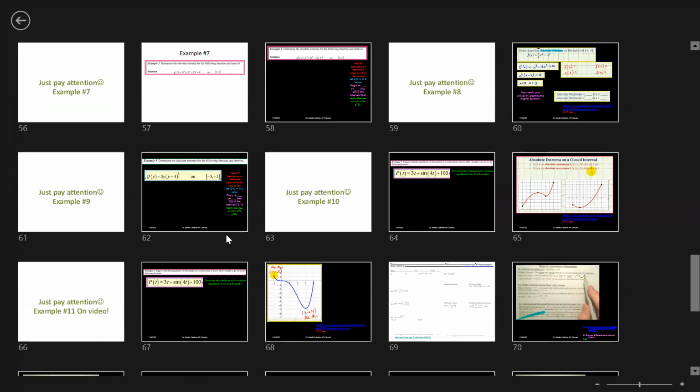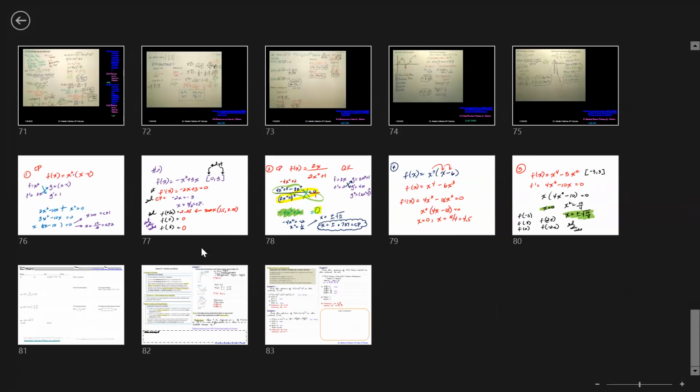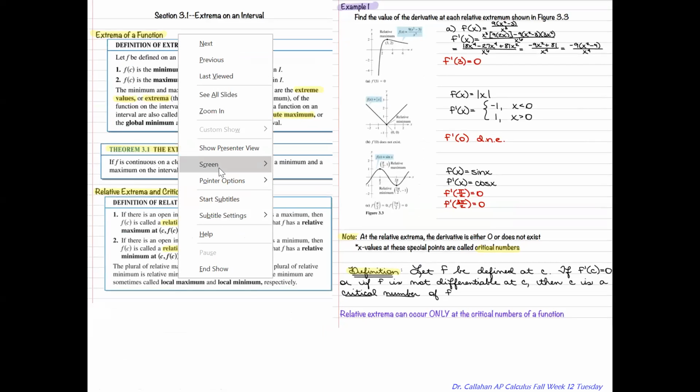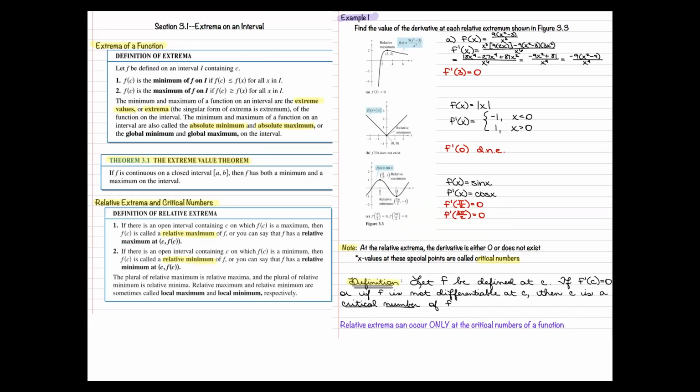Now what I'm going to have you guys do is go ahead and practice a little bit more with this on a poster rotation. So I am going to give you guys a poster rotation, and I'm going to have you guys practice with it at home.